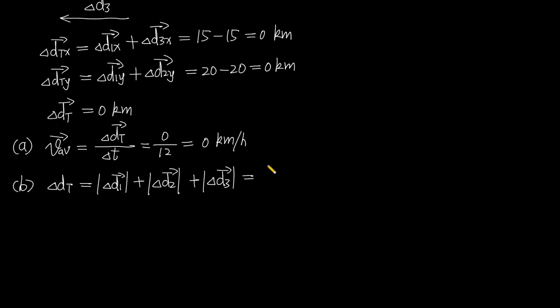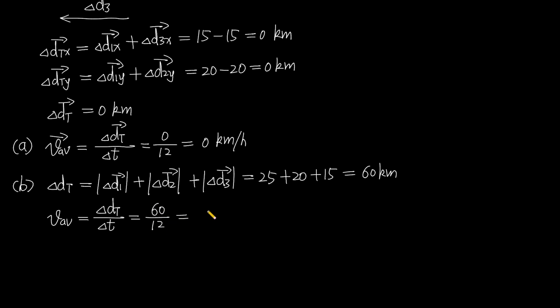And this equals 25 plus 20 plus 15 and equals 60 kilometers. And the average speed just equals the total distance divided by the time interval delta t and equals 60 over 12 and equals 5 kilometers per hour.